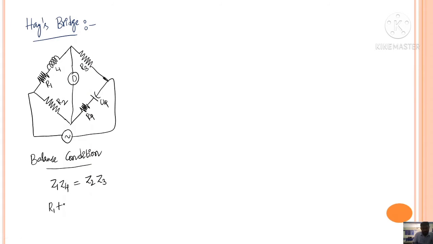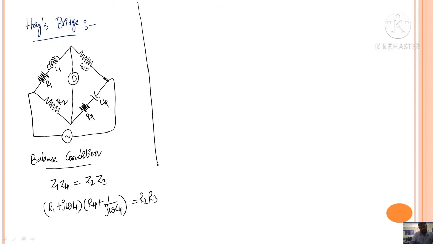So you will get R1 plus j omega L1, and Z4 is R4 plus 1 by j omega C4. And it is equal to Z2 into Z3, just R2 into R3. Just multiply each and everything.